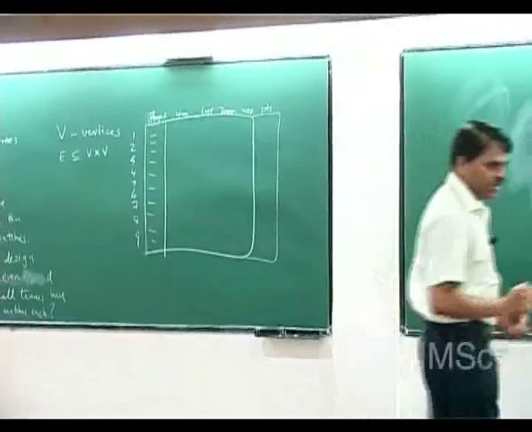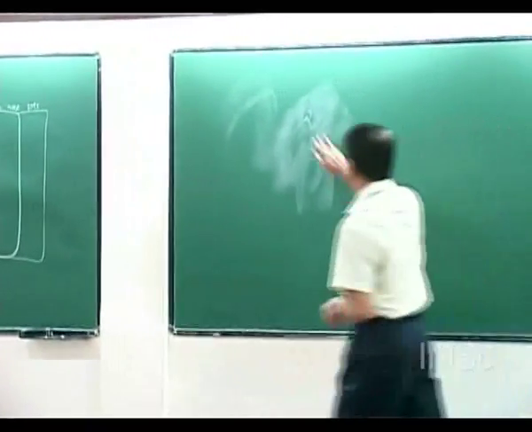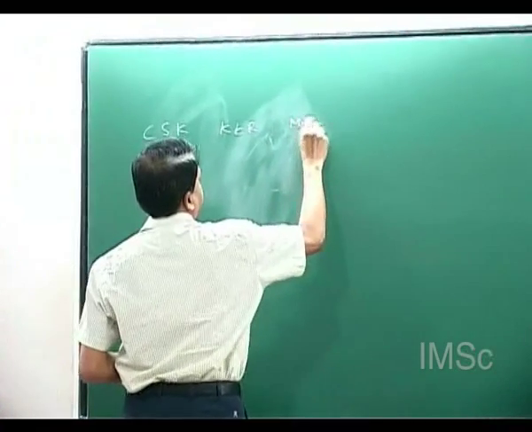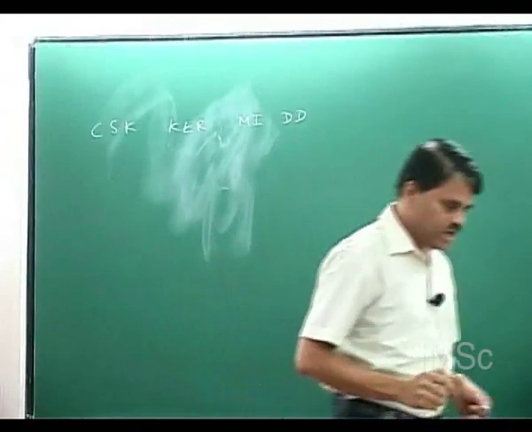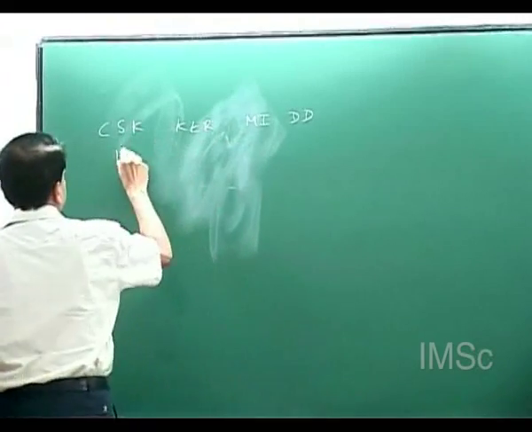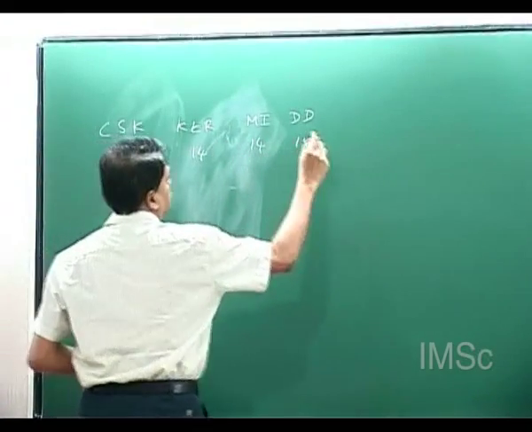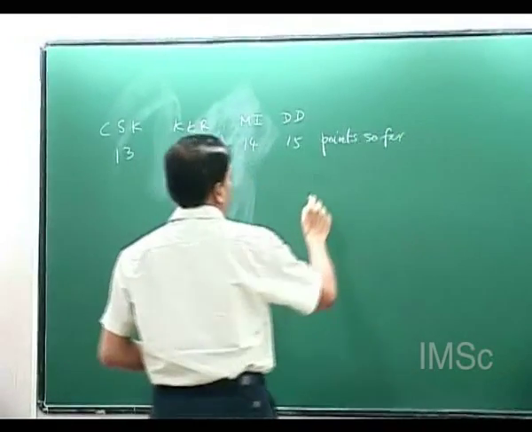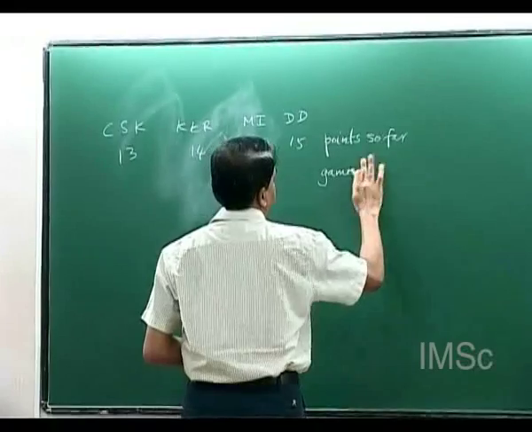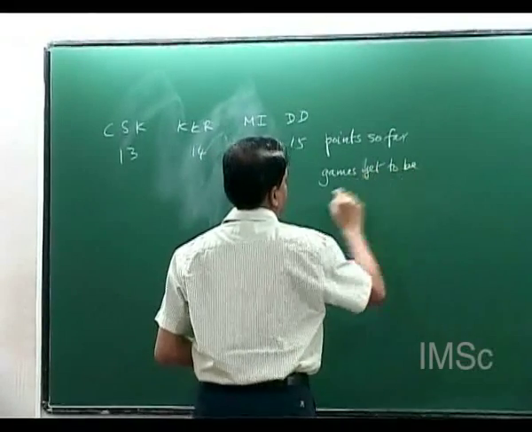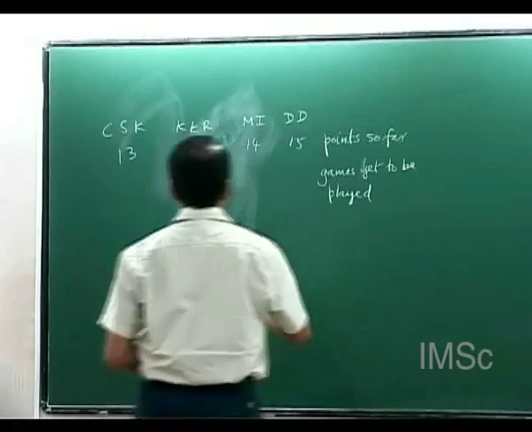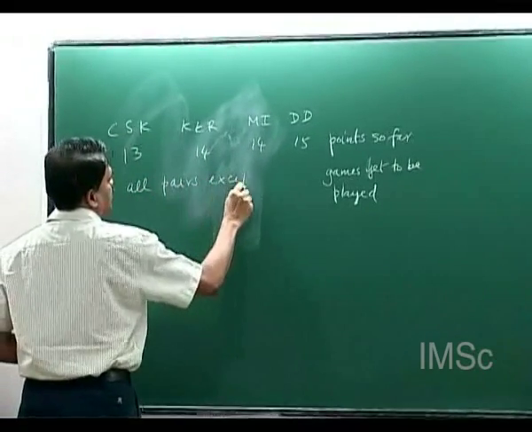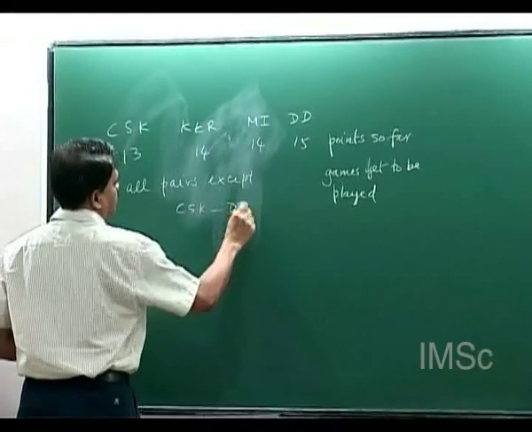Okay, so let us look at some examples. Let us say you have these teams, and let us say the points so far are these, and the games yet to be played are, let us say, all pairs except one.